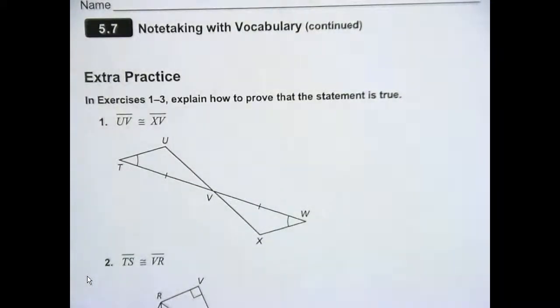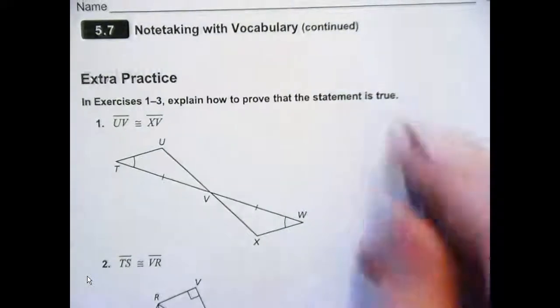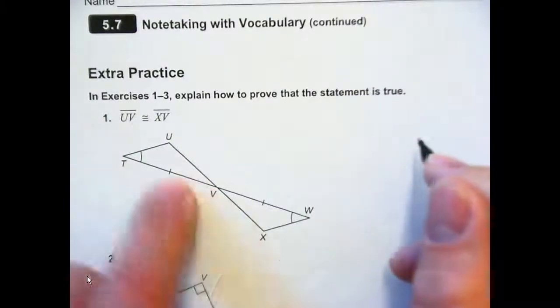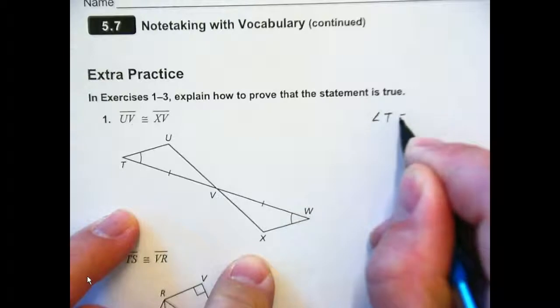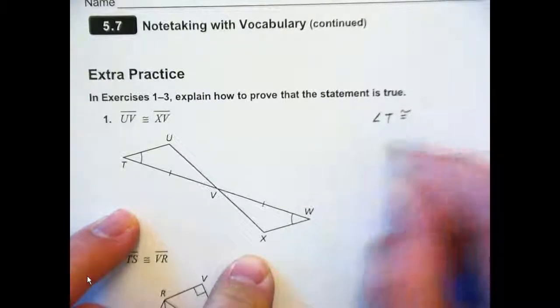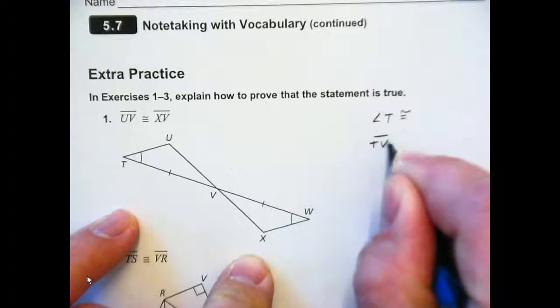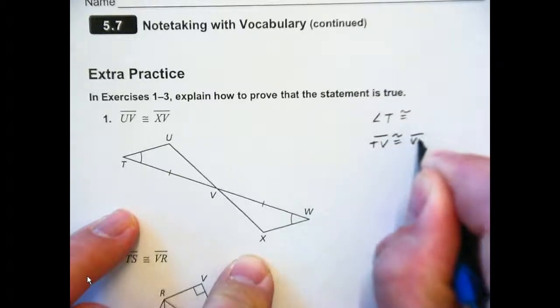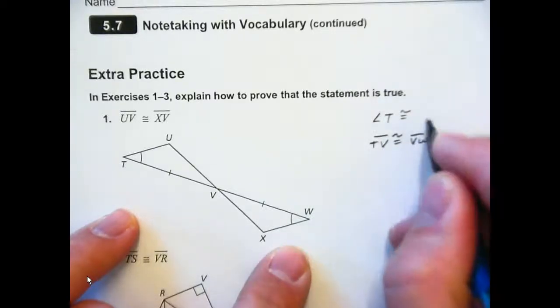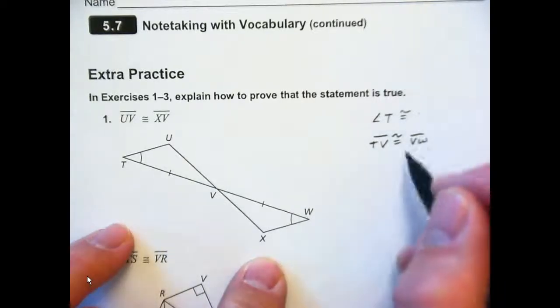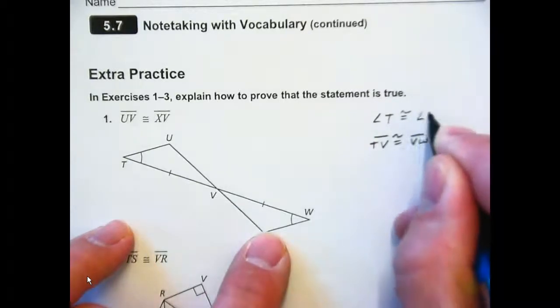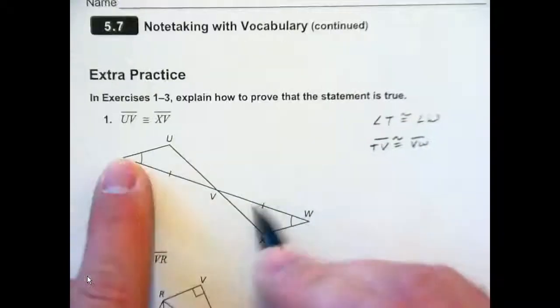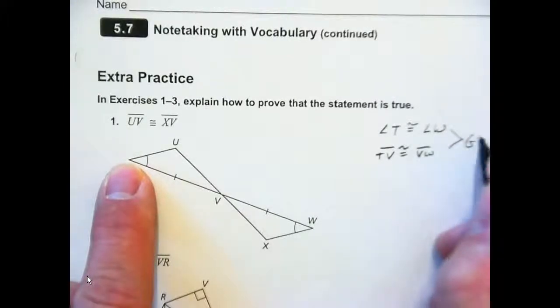Was anyone able to prove two triangles congruent? Maddie, how'd you do it? Line TV congruent to line VW. And then angle VWX congruent to angle VTU. In this case, I'm just going to use angle W and angle T, just because they're the only angles there. So both of those are given.